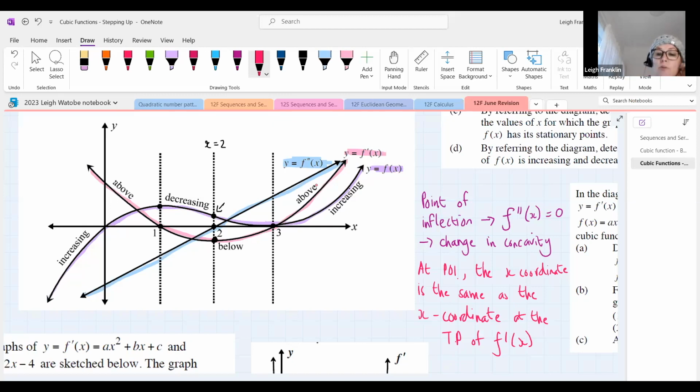Okay, so in other words, the point of inflection on the cubic and the turning point on the first derivative have the same x coordinate. What is that the same as on the straight line?